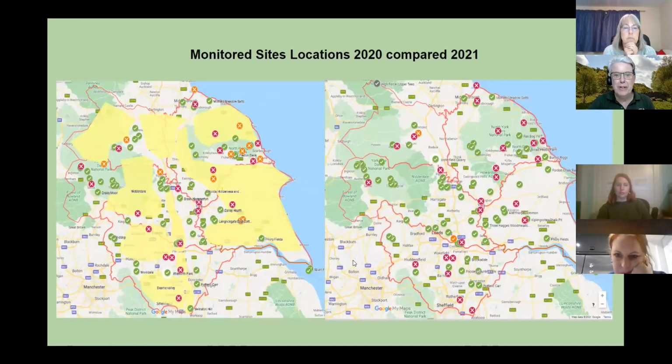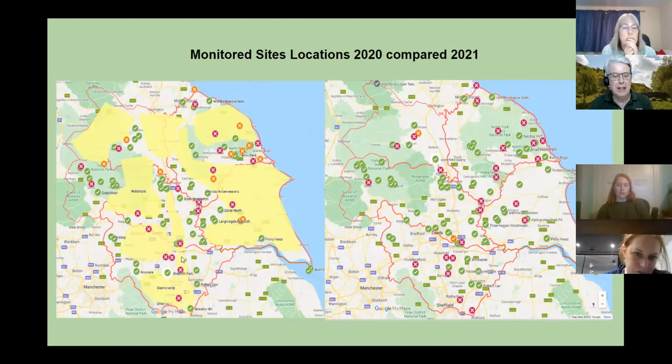So the sites we monitor in Yorkshire, 2 maps here. The one on the left is the 2020 situation, showing all the green ticks are monitored sites, red crosses are old sites not monitored. The yellow areas, and the importance of this map is we did a study last year looking at the areas which were poorly covered, and I gave this meeting an overview of the conclusions of that report.